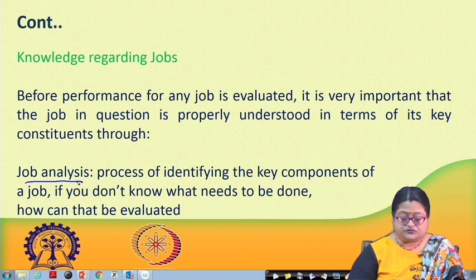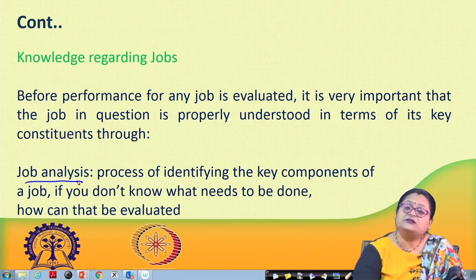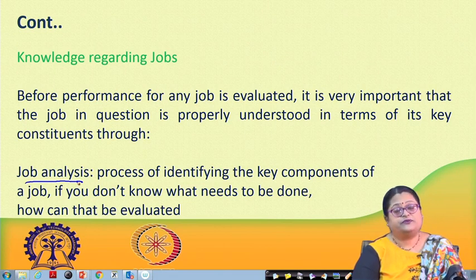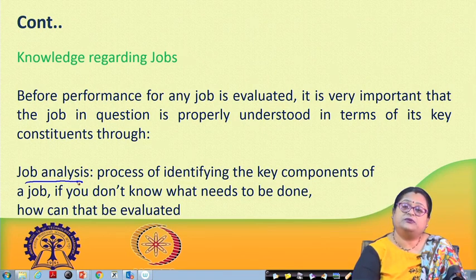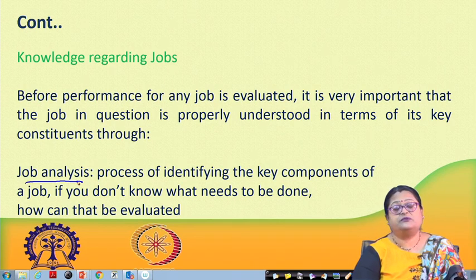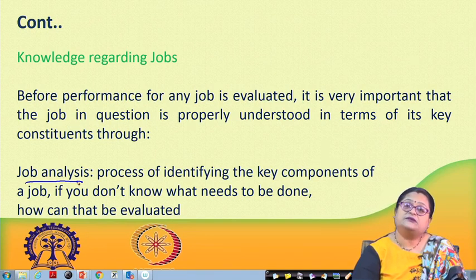So, we have to understand the components of the job, and in order to perform that, what the requirements of that job are. Corresponding to it, if these are the job requirements, then what is the nature of the employees required in terms of knowledge, skill, abilities, attitudes and other attributes, which will make them a better role incumbent who can do justice to a particular role.